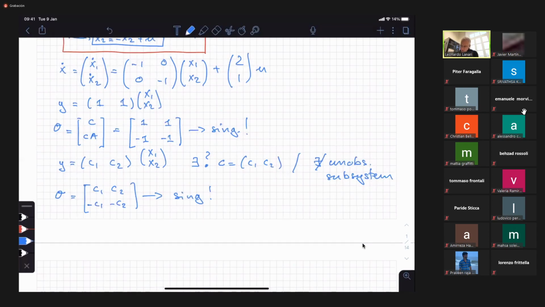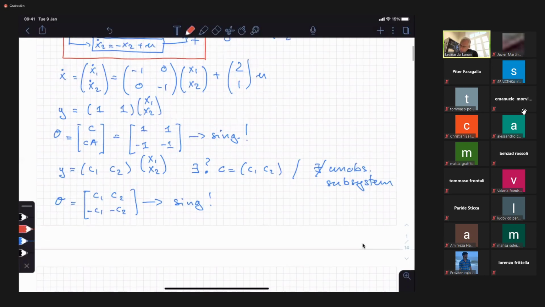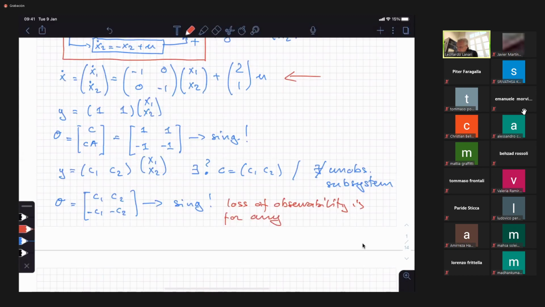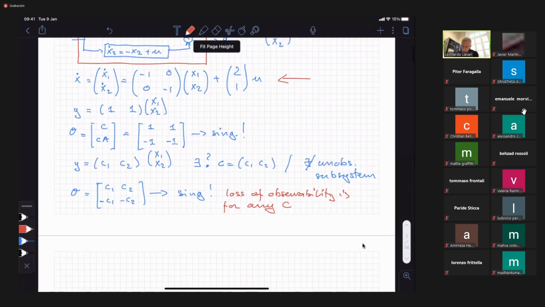Here in this particular configuration, and in particular, of course, with this A matrix, the B matrix has no effect when we talk about observability. We see that it's something even more general in this example because the loss of observability is for any choice of the output. So it's something even more structural with respect to before.